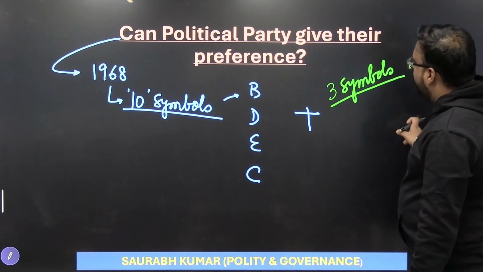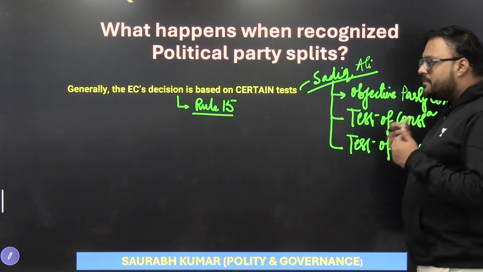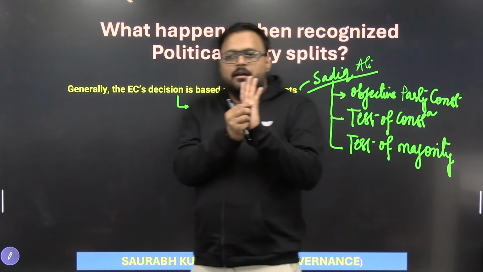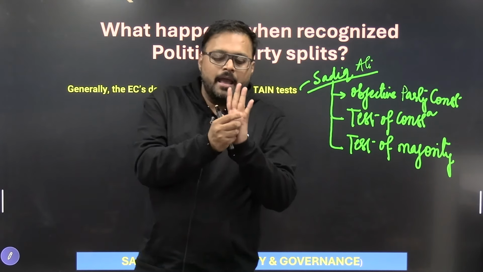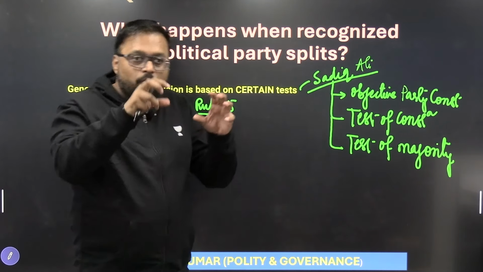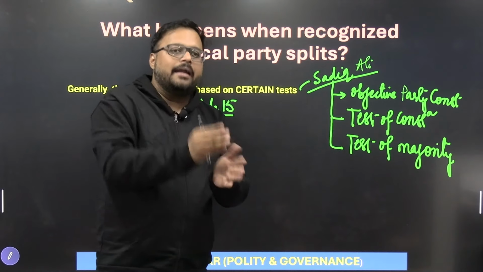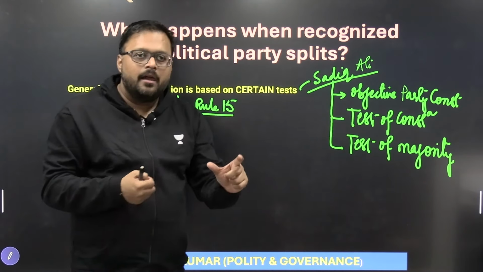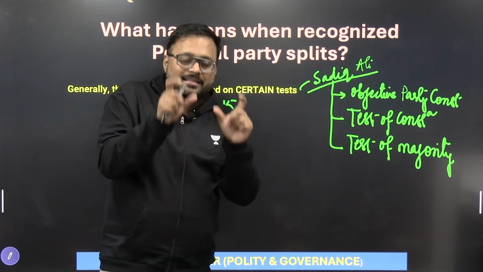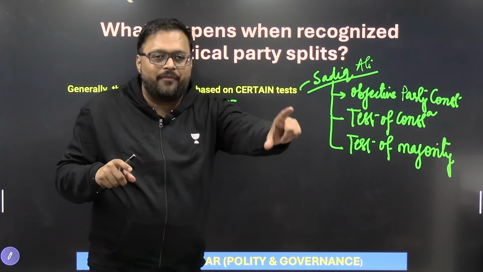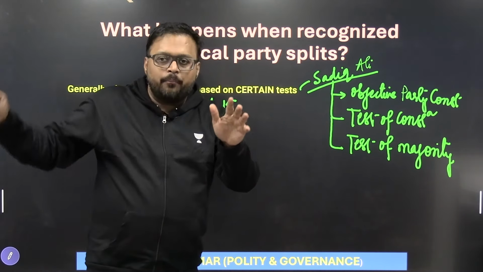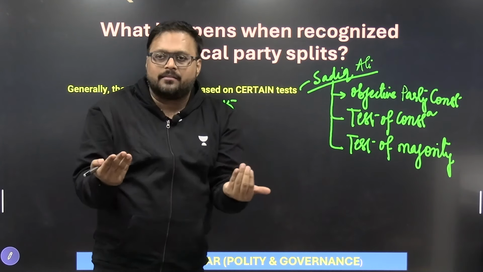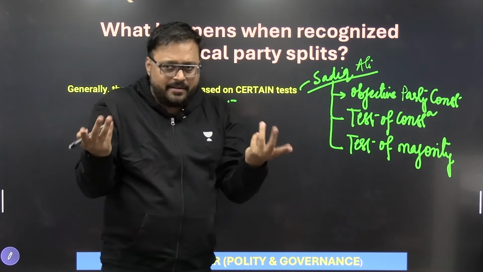Whenever we talk about the test of majority, it means that the office bearers of that political party, MPs, MLAs, party workers, everyone can come and vote. By the majority, the Election Commission of India will decide whether this symbol is to be allotted to the faction, to the original political party, or to the 2 new factions, whatever the situation is at that time.